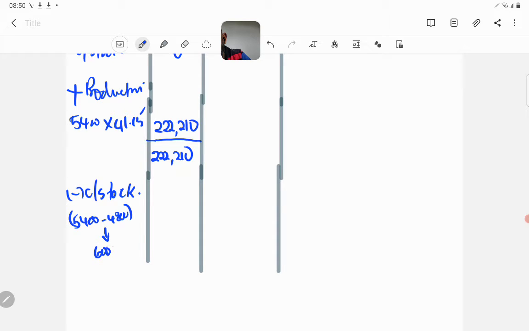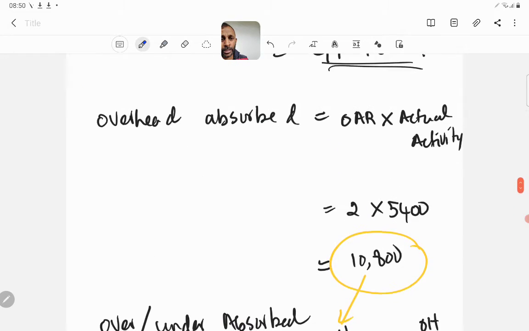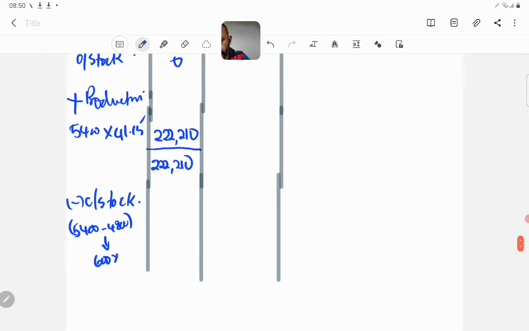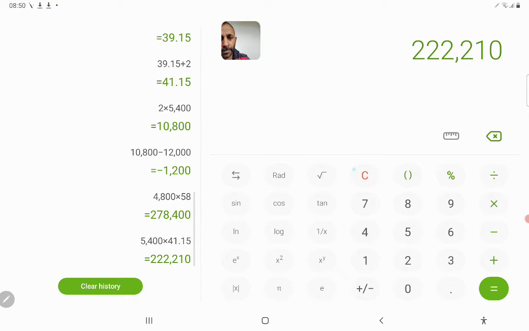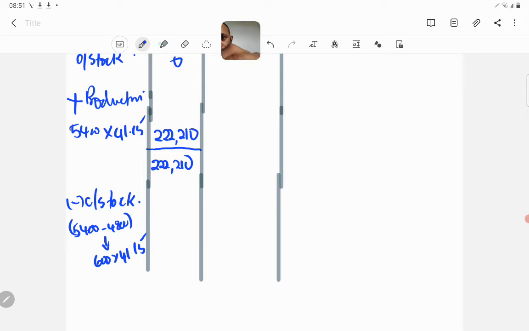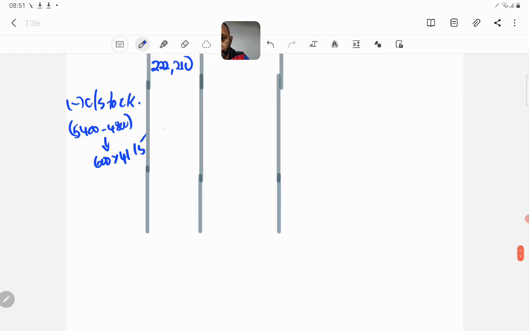We need to value the closing stock using the total cost, 41.15. So 600 into 41.15 comes to $24,690. So we subtract this.